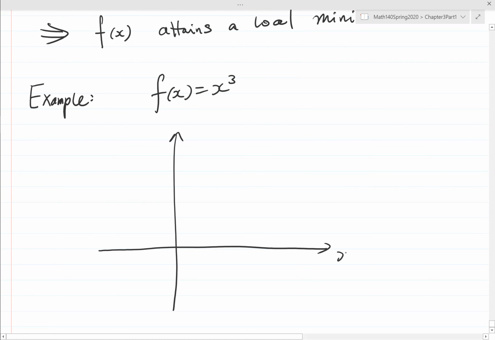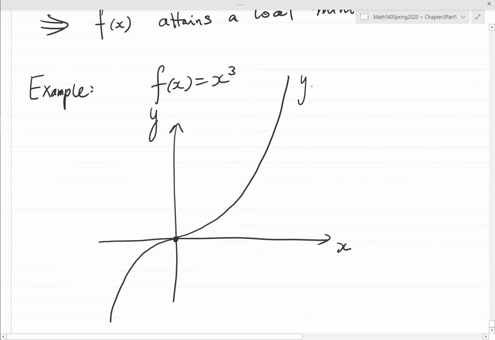This is x, and this is y. It passes through the origin O, and it looks like this. So this is y equals x cubed.